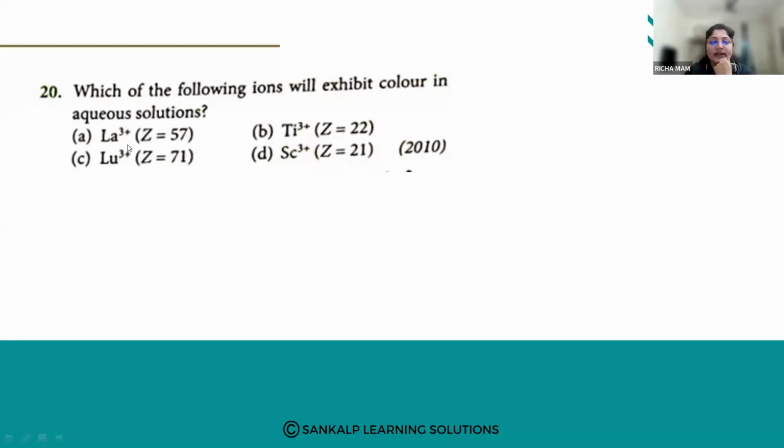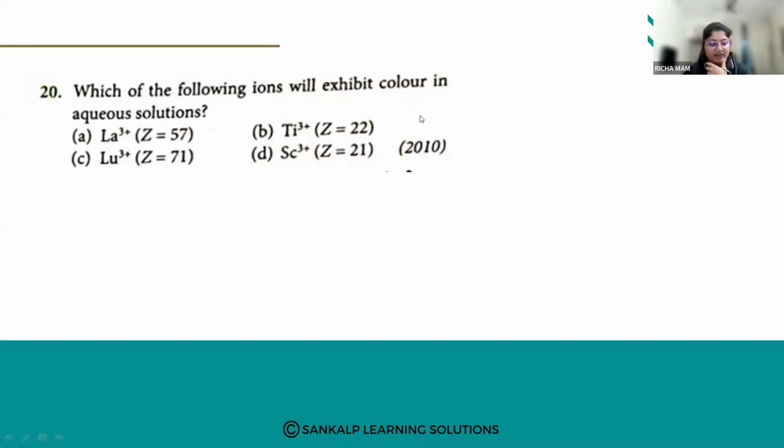A, La+3, lanthanum; titanium +3; lutetium +3; and scandium +3. Their atomic numbers are given, so you have to tell which of these transition metal ions show color.